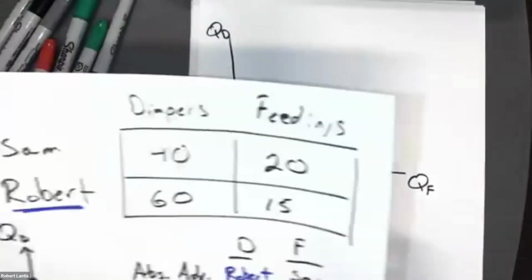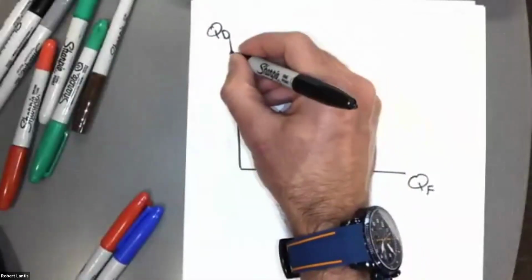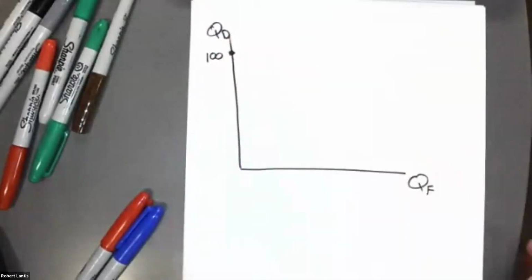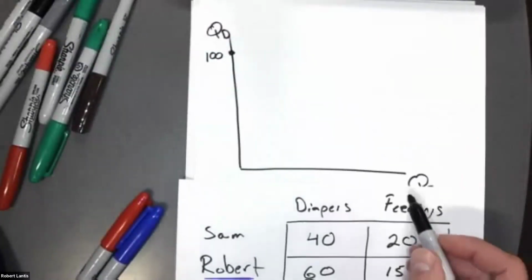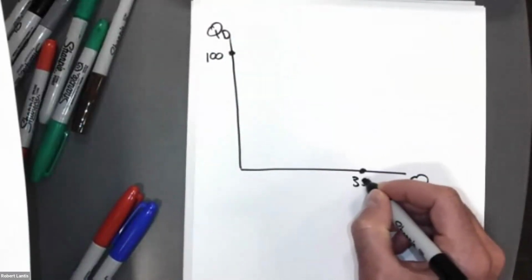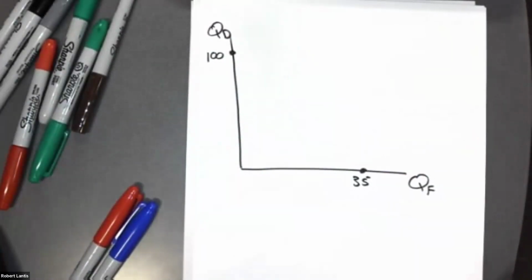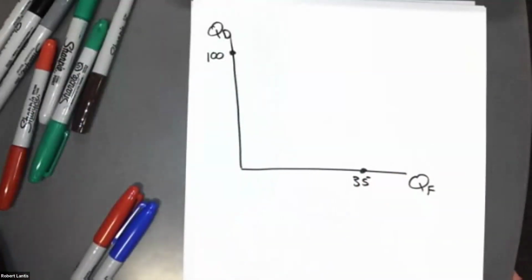If every individual in the economy is only changing diapers, how many total could we change? 100, right? 40 plus 60. What about feedings? 20 plus 15 would be 35. So we can always determine what those 2 intercepts are by simply adding up the total amount each individual in the economy can produce.